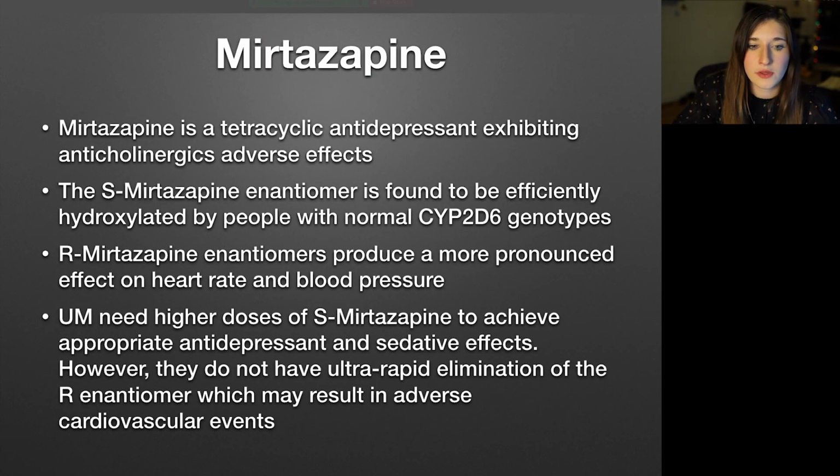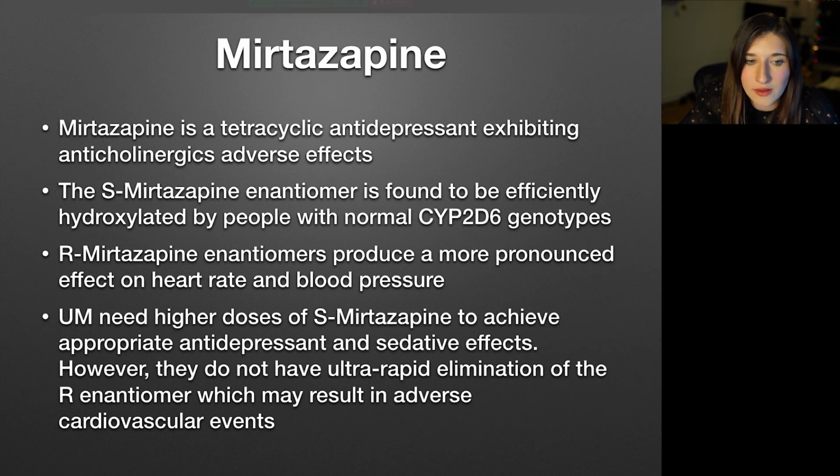People who have the normal CYP2D6 genotypes, and are considered extensive metabolizers in their phenotypes, when given the S enantiomer, it's found to be hydroxylated and works just as it should. In these people, the R mirtazapine enantiomer produces a more pronounced effect on the heart and blood pressure.